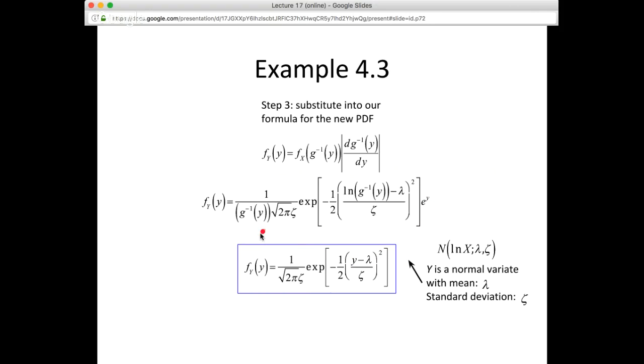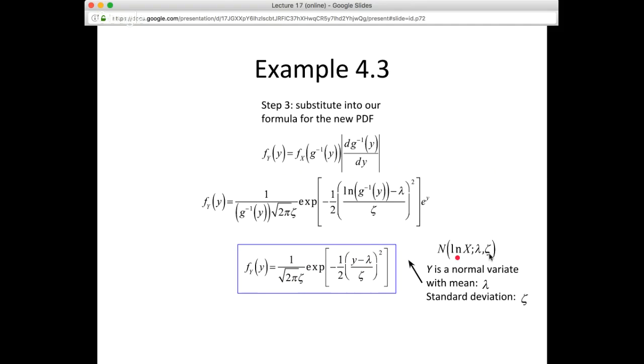And so when we carry out that little bit of algebra, lo and behold, we now end up with the PDF for the random variable y, which you will recognize as the normal distribution for the random variable y. But the standard deviation in this case is zeta, and the mean is lambda.